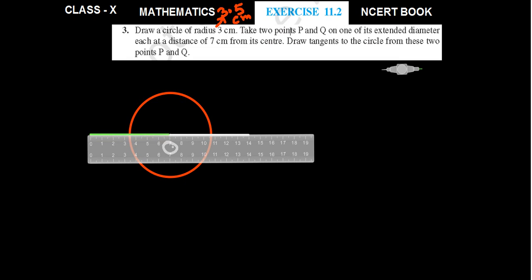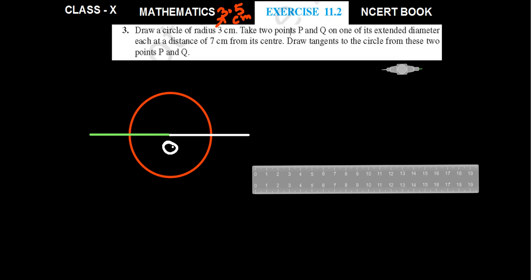So we have drawn. Now I would like to explain. This is center O. This is the diameter, and this is the extension part of the diameter, so we have to take P and Q on the extended part of the diameter.